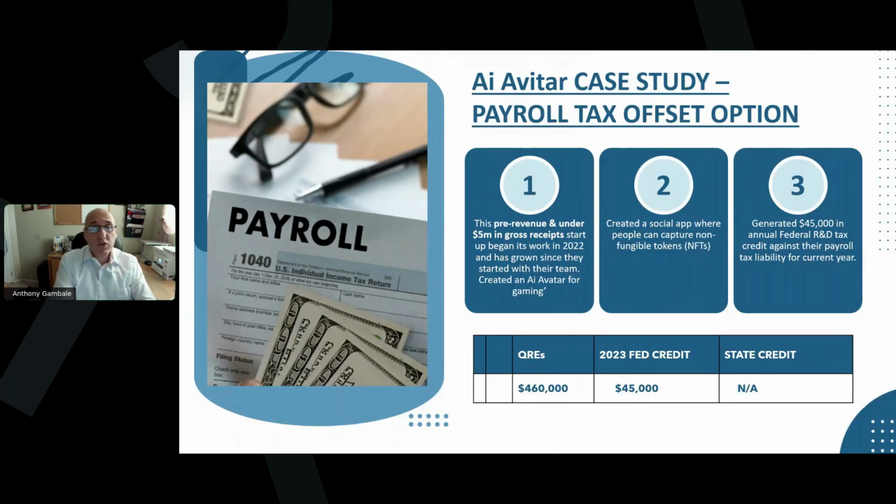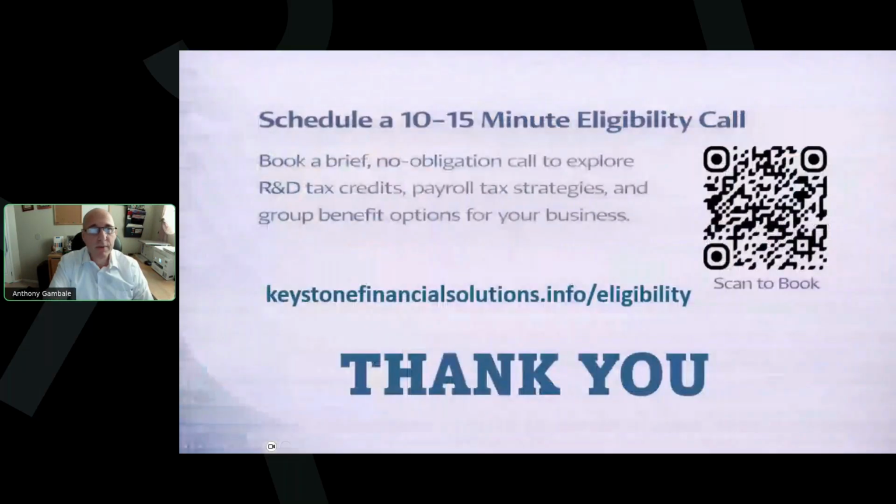They had $460,000 worth of qualifying research expense, but they have no income tax. There's no federal income tax. Everybody has FICA, right? Everyone has to pay the payroll taxes. So boom, there you go. Of course, this state has no state credit, just federal.